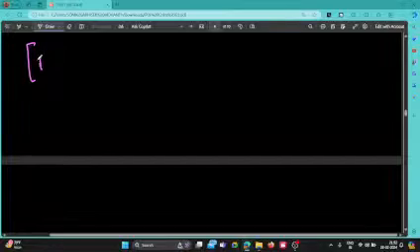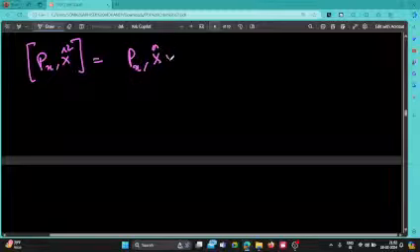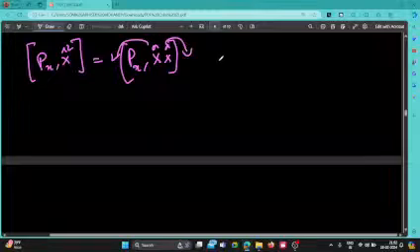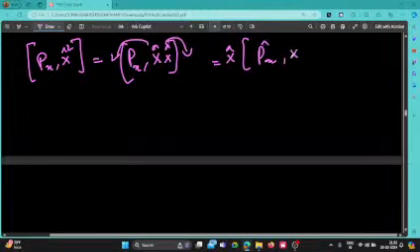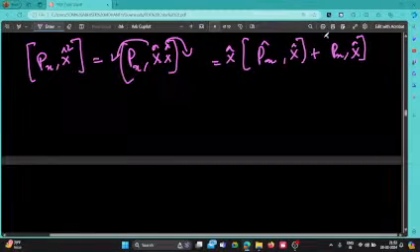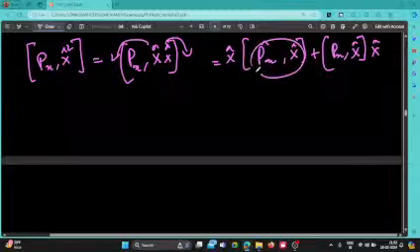Px x squared. So I can write it as Px x x; this will go to the left side, this will go to the right side, so x Px x plus Px x x. Now what is the commutation for this?